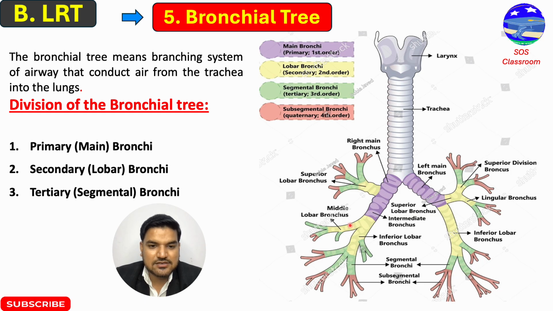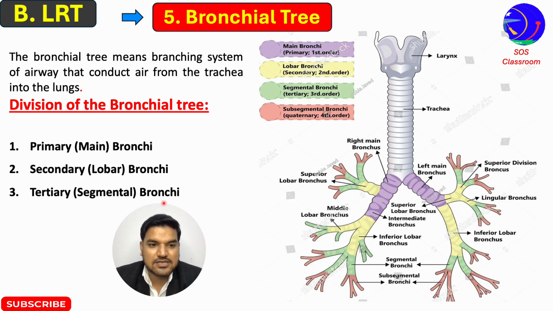These are the 3 lower bronchi that enter into the lobes. First enters the first lobe, second the second lobe, and third the third lobe of the lungs. That's why the right side of the lung has 3 lobes, and on the left side there is 1 and 2. So only 2 lobes are present on the left side.